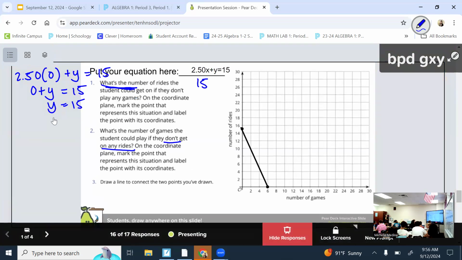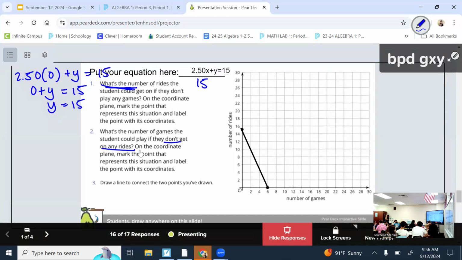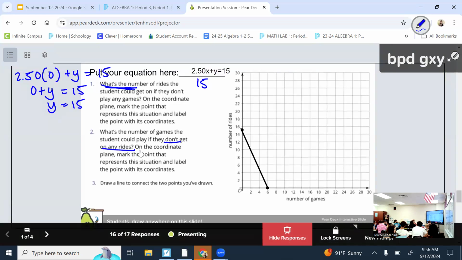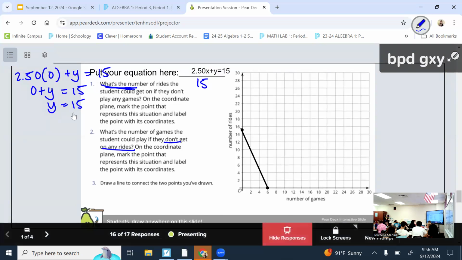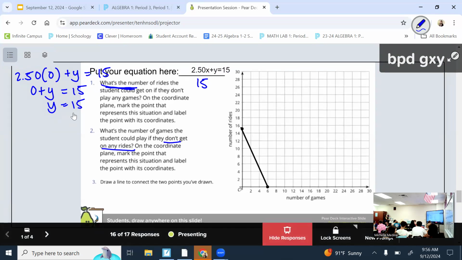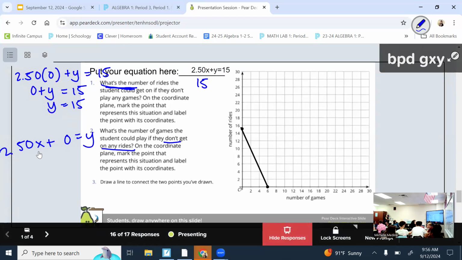I'm not asking you for the answer. I'm asking you if they don't get on any rides, how many rides did they get on? Okay, 0. Where does that 0 need to go in the equation? The Y. Where the y is. And then we can algebraically solve for the x, which is the number of games.